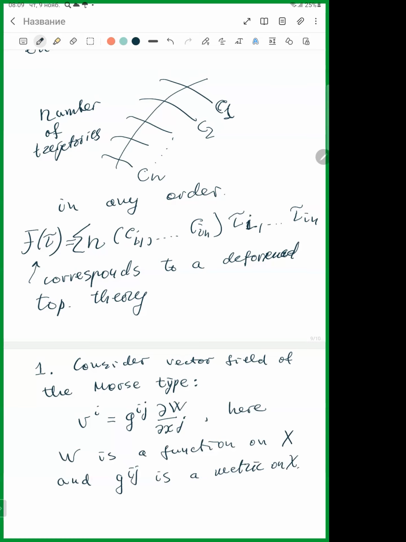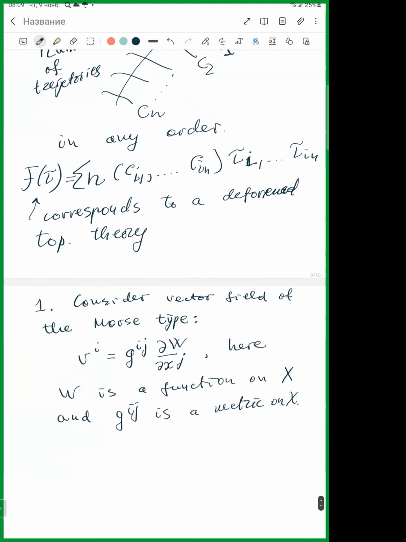Why these vector fields are so special? Because such vector fields do not have limiting cycle.